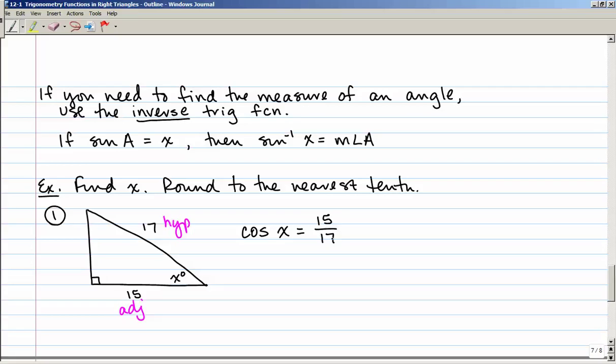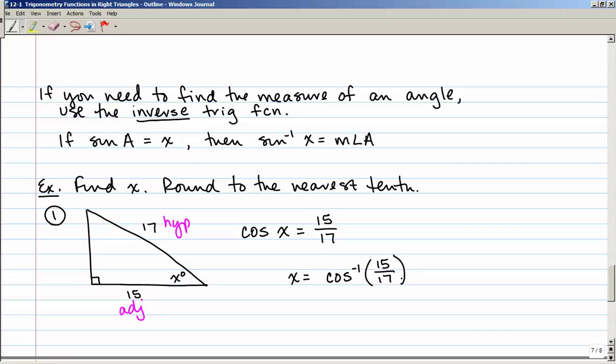Okay? So how do I do this? I can't punch cosine x into my calculator, so I need to do the inverse of that trig function, which means x is equal to the inverse cosine, and it looks like cosine to the -1, but remember a -1 really means the inverse. So the inverse cosine of 15 over 17.